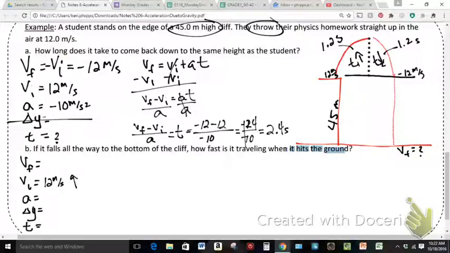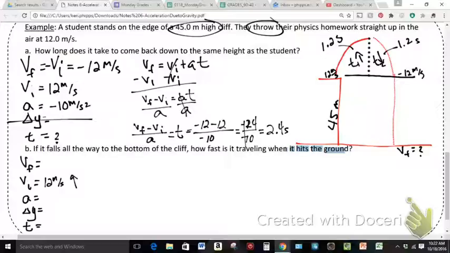I know that it's a bit tempting to say, well, when it hits the ground, it's going 0 meters per second. All right. We're not looking at it exactly. When it goes 0, that is right after it hits the ground. So it might even be better to say that at the instant just before it hits the ground, how fast is it going? So we're looking at the instant before it becomes 0.